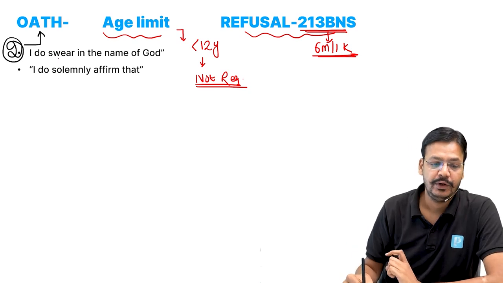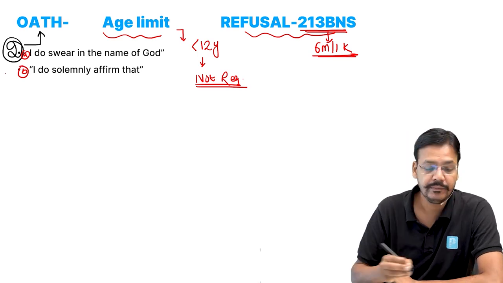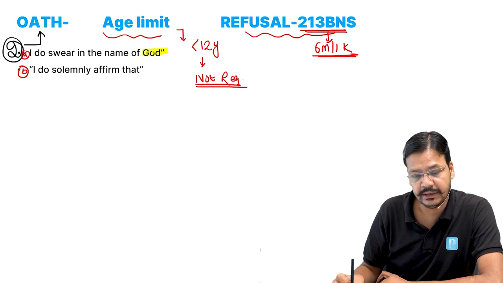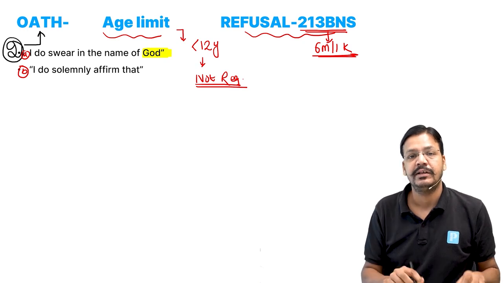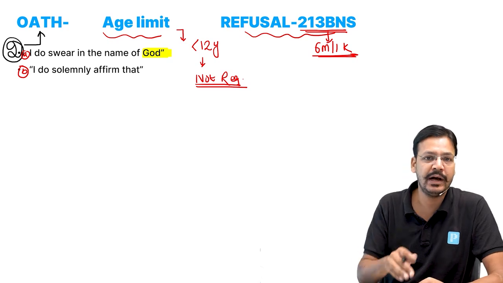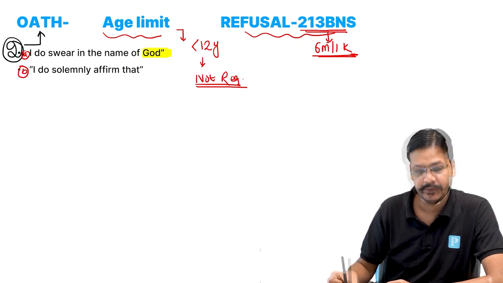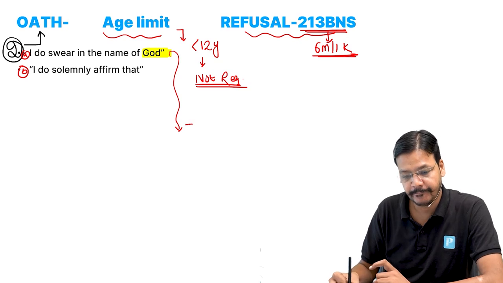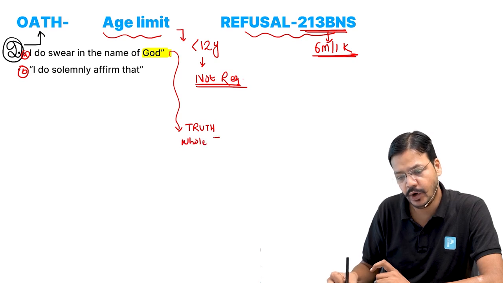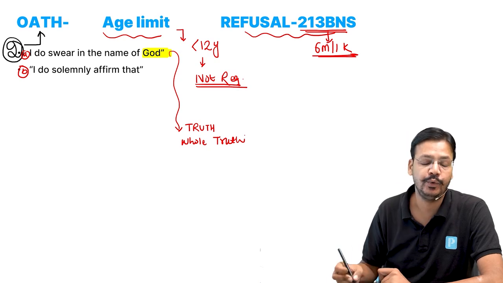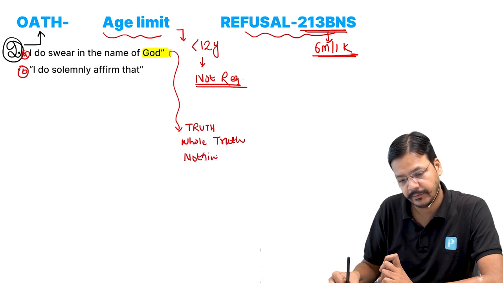Now, Doctor, two situations. This is situation A, this is situation B. Mostly oath is taken on the name of God. There are holy books, Gita, Bible or Quran. You put your hand on these holy books and then you speak: whatever I shall speak, truth, number one; whole truth, number two; and nothing but the truth.